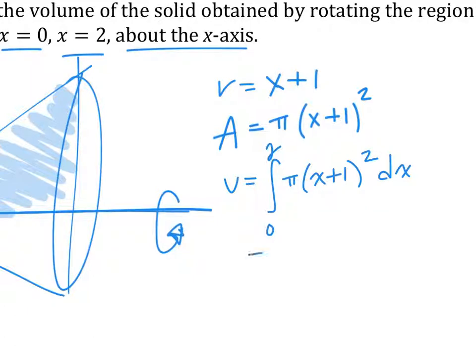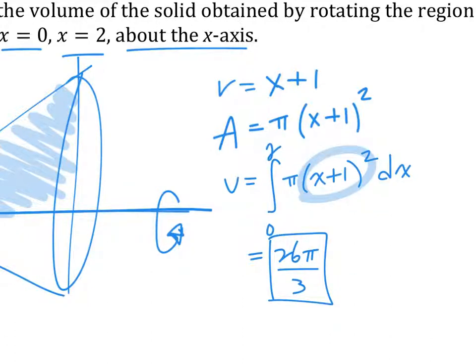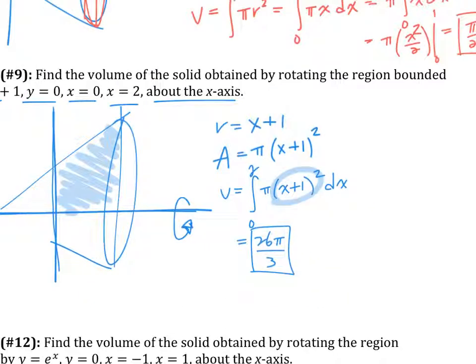All right, the answer is 26 pi over 3. Okay, if you didn't get that number right, you just integrated wrong. So if u sub is not intuitive to you at this point, it's okay. Just multiply this whole thing out. You can just integrate one term at a time. It's a little longer, but it's doable.